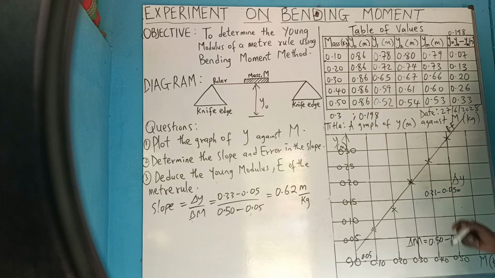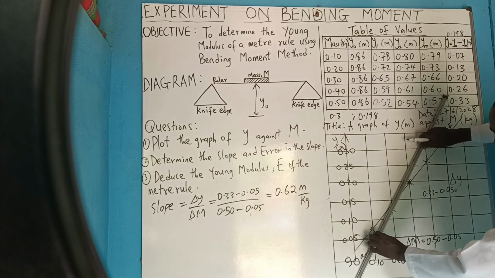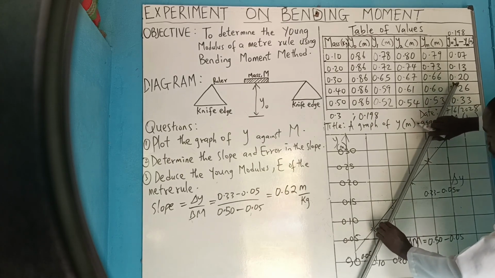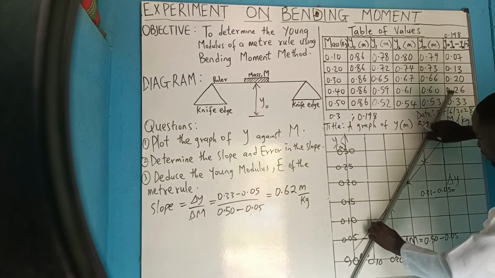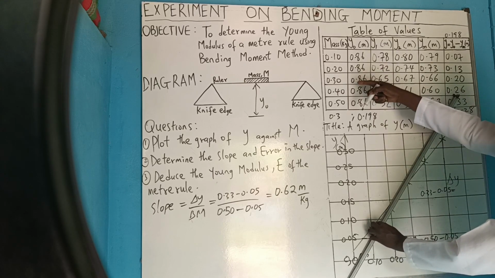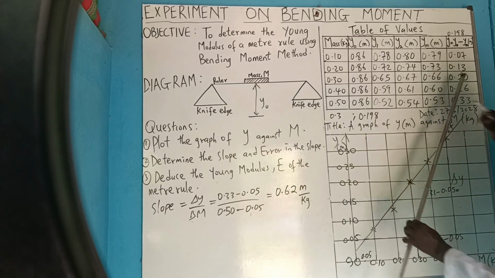Okay? And so what I will do to get my slope of worst fit, I will take one of those points that fall out. I am taking this point that falls out to connect it with the what? That mean of mass and mean of y where they intersect. It will pass through it.